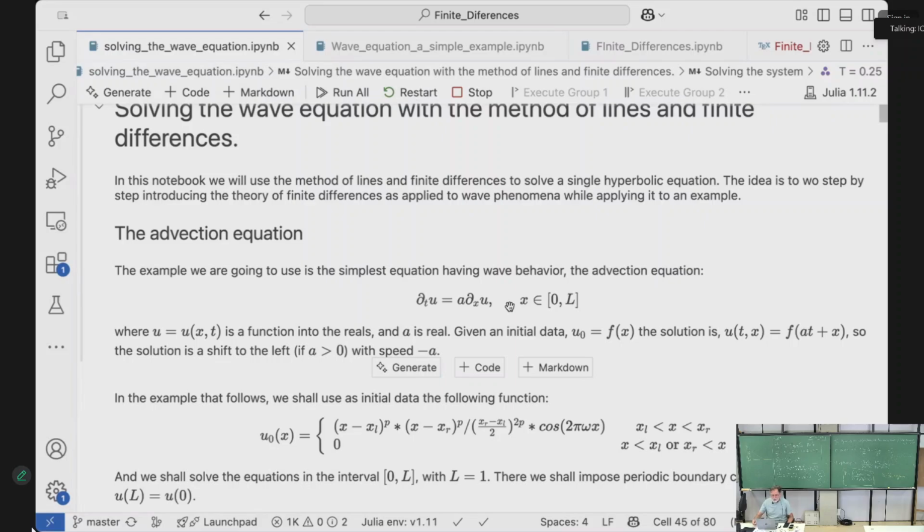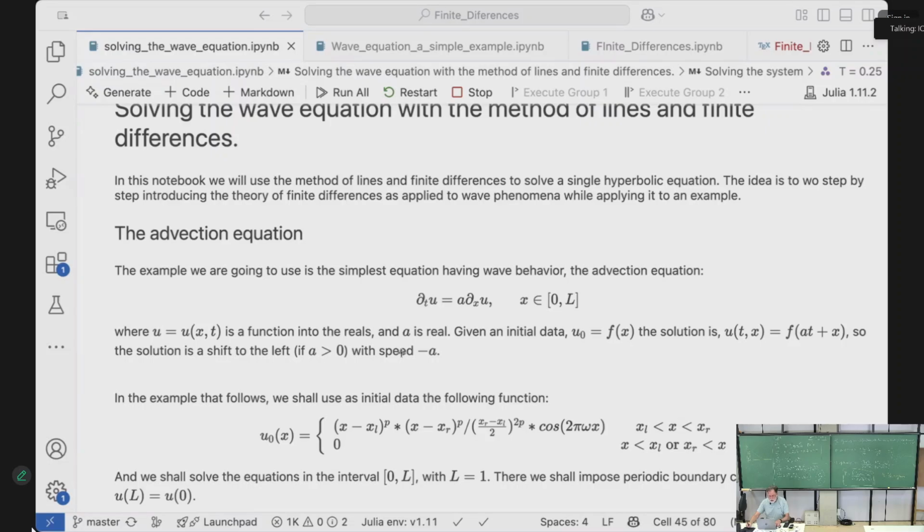Let me see if I can use the pen. It's better. So we want to solve this equation. Do you see the mark that I'm doing or no? You see the red thing or yours? Because here I don't see. I think I have to change this.